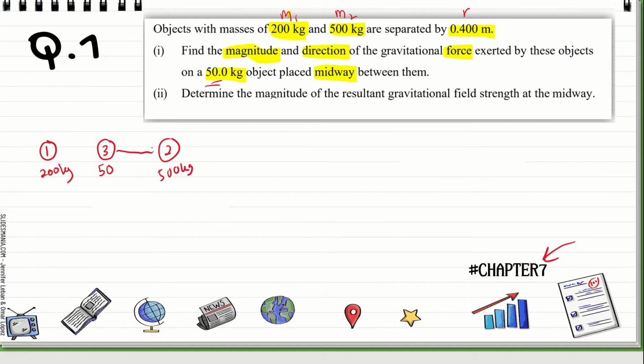So we have here 0.2 meter, and also here 0.2 meter, because the distance between mass 1 and mass 2 is 0.4 meter.